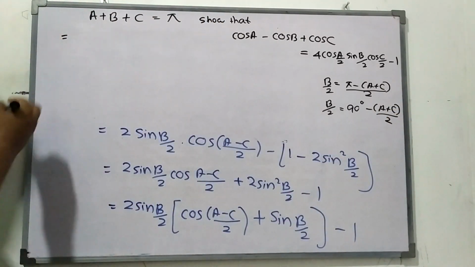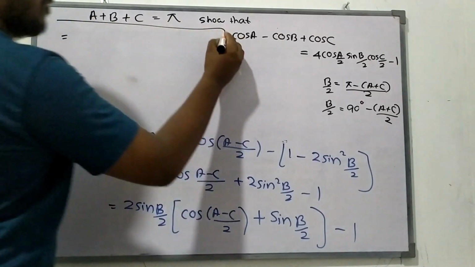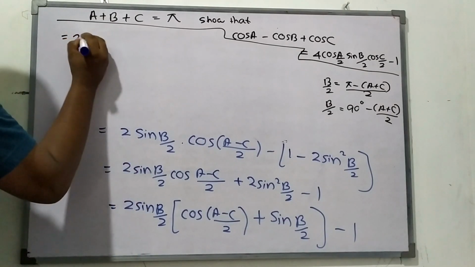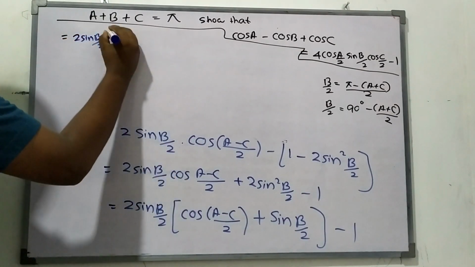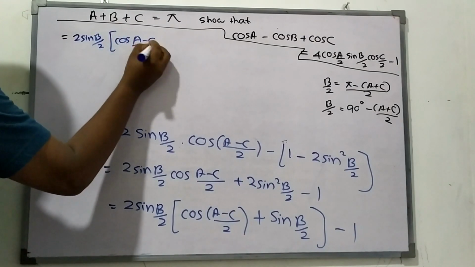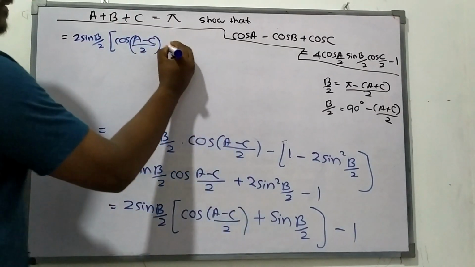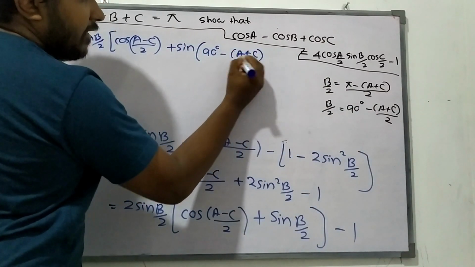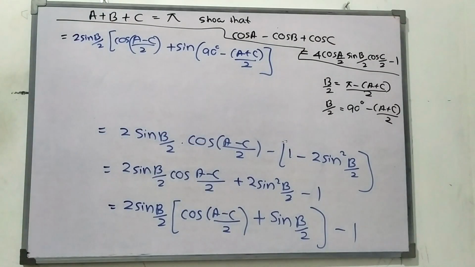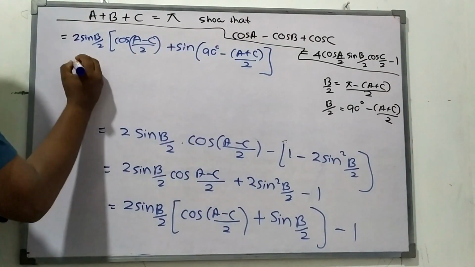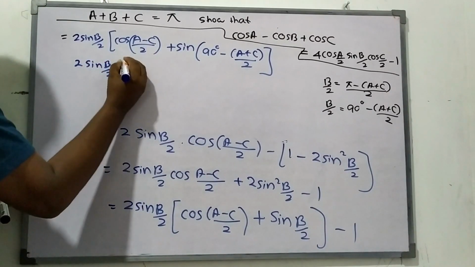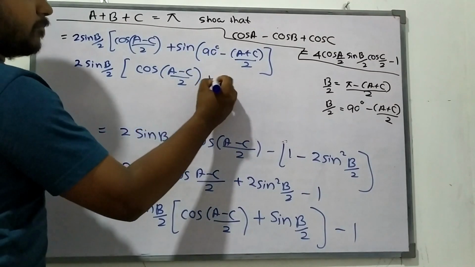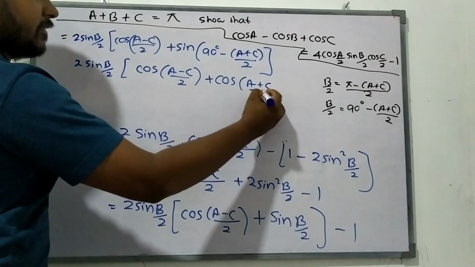Then this is 2 sine b by 2 [cos (a minus c) by 2 plus sine(90 minus (a plus c) by 2)]. So sine 90 minus means cos (a plus c) by 2. So this is cos (a minus c) by 2 plus cos (a plus c) by 2.